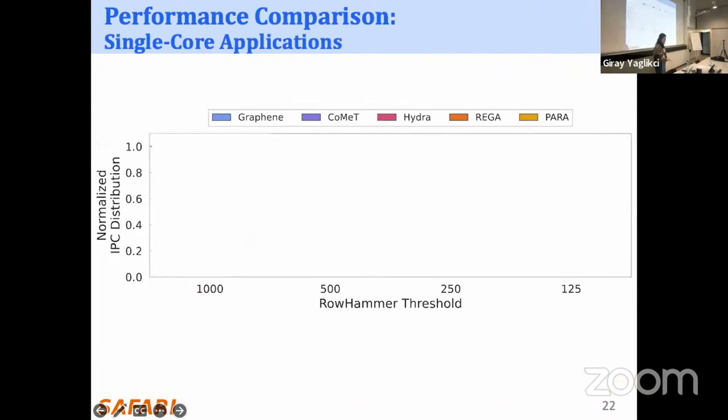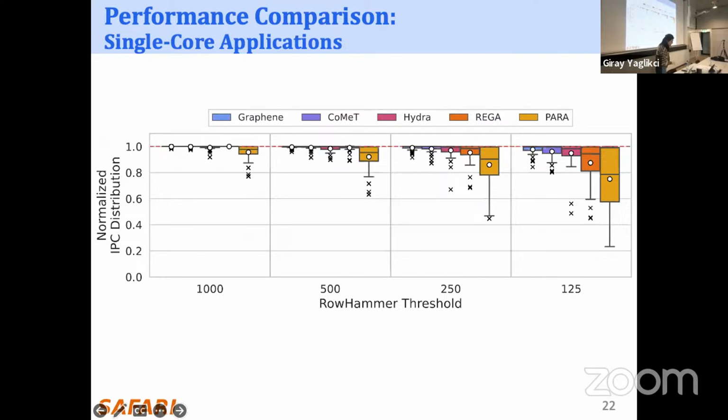And this is the performance comparison across single core applications of Comet against 4 state-of-the-art mitigation techniques. And these are the results for the RowHammer threshold of 1000. And when we go to lower RowHammer thresholds, as you can see, all mitigations have increasing performance overhead, because they all start sending preventive refreshes.